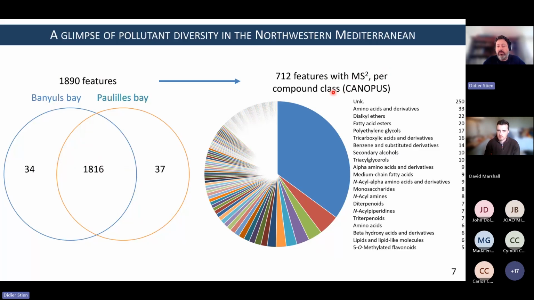And this is what you get with an automated analysis tool that's called Canopus. It's giving the class of the compounds that we have. And first of all, you can see that 1/3 of them are just classified as unknown compounds. And the other ones, we have compounds that are natural ones, like amino acids probably, and we have clearly some pollutants like polyethylene glycol.